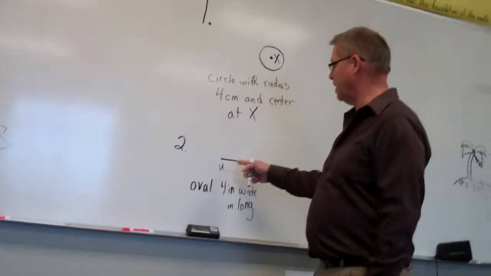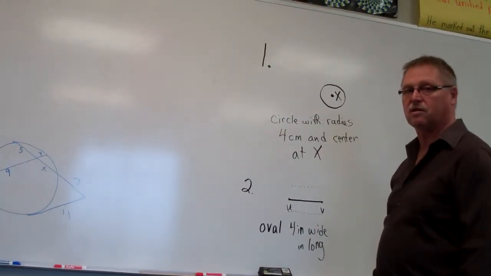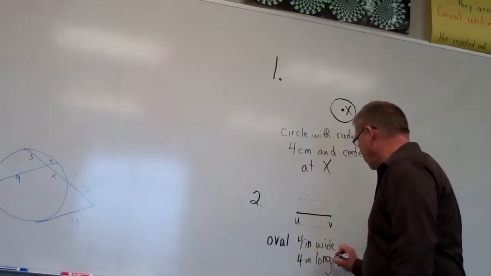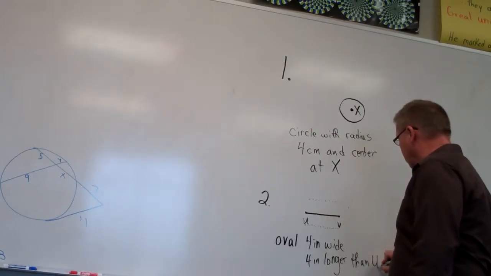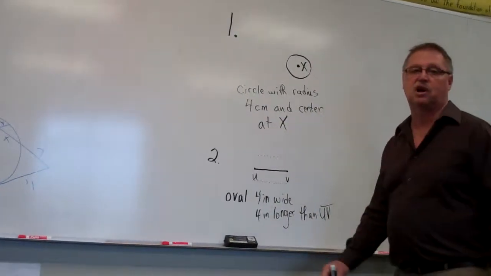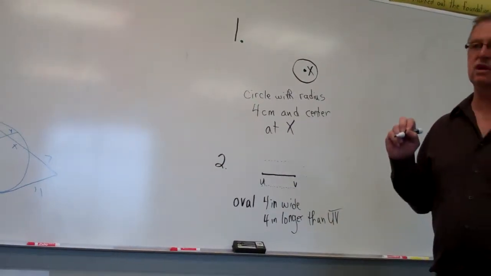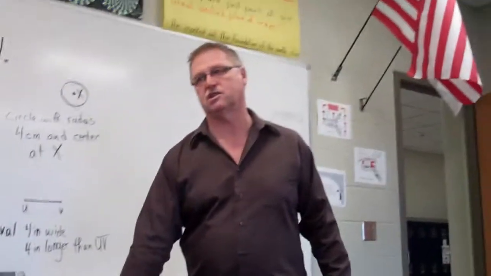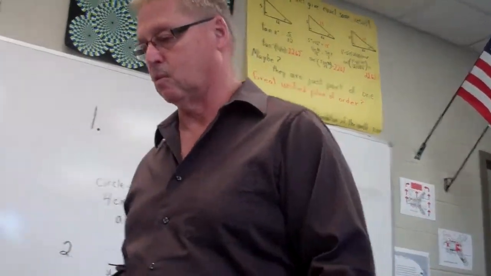You can't really know, right? But maybe you could say 4 inches longer than UV. Could probably say that. So you get the idea? When they ask for locus, you're putting down all possible locations, what would that make? That's what locus means. The word of the day.